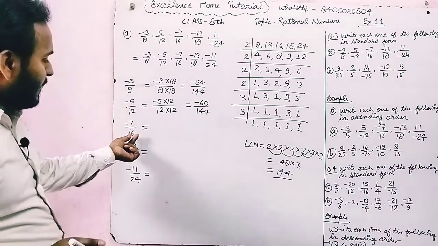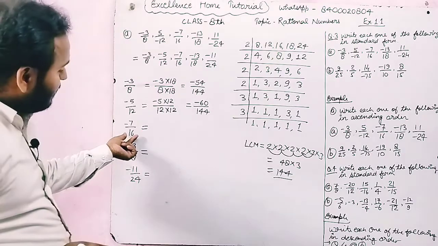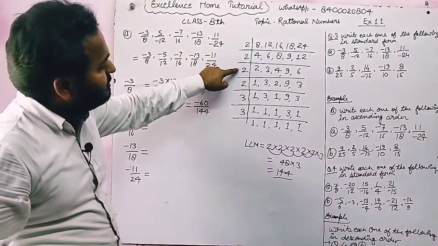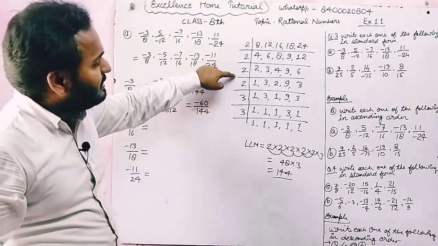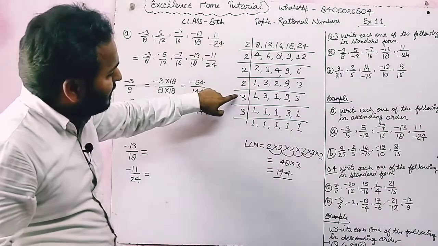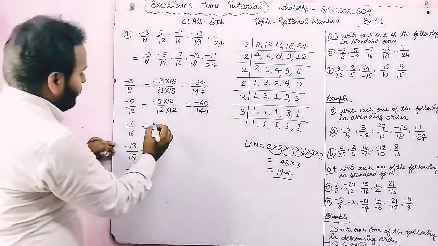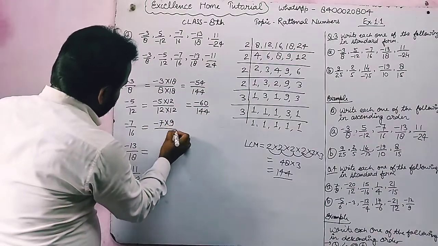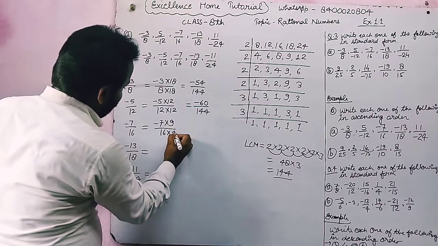After that we have to make 16 equal to 144. 2 twos are 4, 2 fours are 8, 2 eights are 16. This should be removed. Remaining is 3 threes are 9. So we have to multiply by 9 to make the denominator 144.